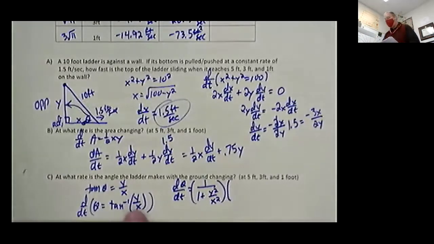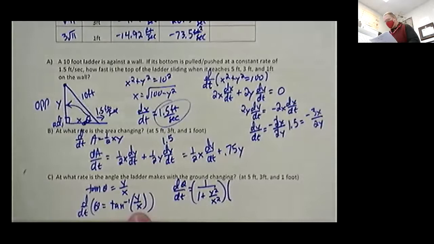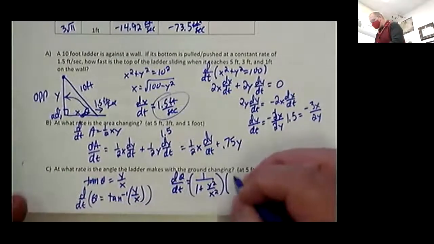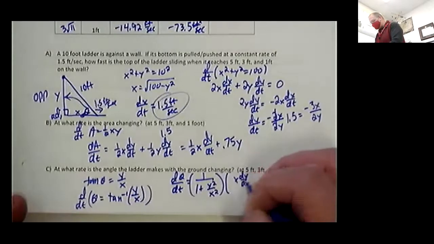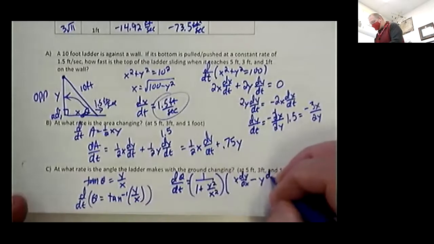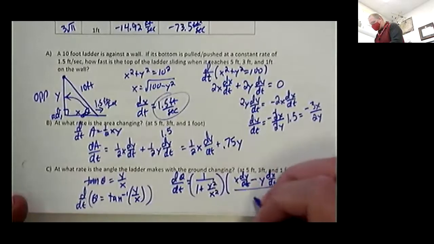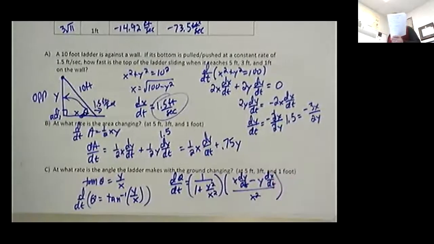Well, that's going to be the quotient rule. So now we're back to low d high. Low times the derivative of the high is x times dy/dt, minus the high, y, times the derivative of the low, dx/dt, all over the square of what's below, which is x squared. And I'm not going to simplify that. You're just going to plug all that into your calculator.